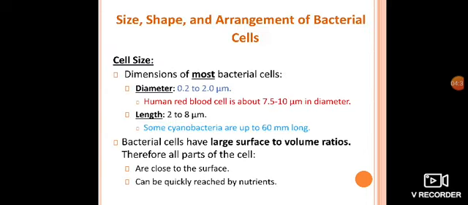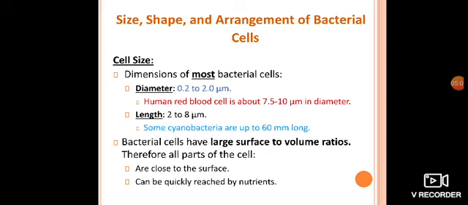Now we are concentrating on the size, shape and arrangement of bacteria. The classification of bacteria depends especially on the size, shape and arrangement of the bacterial cell. So first of all, cell size. When we are concentrating on the size of the bacterial cell, they are most of the time dimensionless.